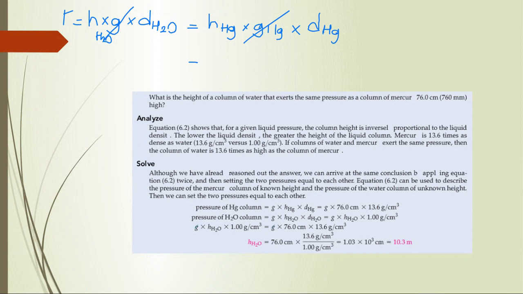The mercury height is 760 millimeters, multiplied by the density of mercury, 13.6 grams per cubic centimeter, and the density of water is 1 gram per cubic centimeter.